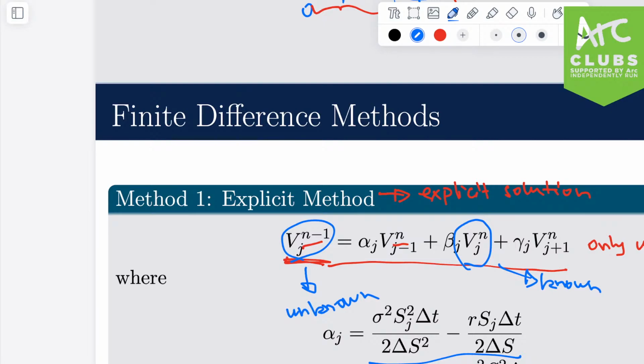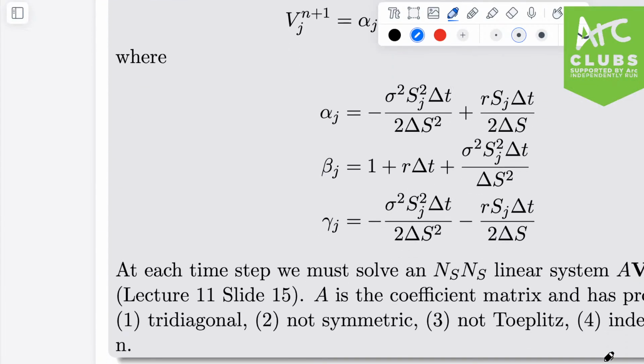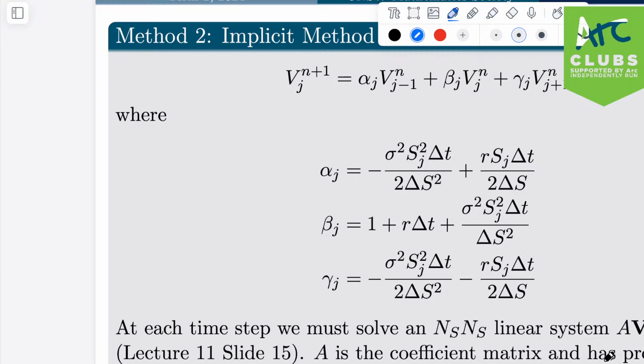So we can't really use the explicit method that often, even though it is a preferred method, because it becomes very unstable. If you want to see what it feels like to be unstable, you can try the last lab exercise.